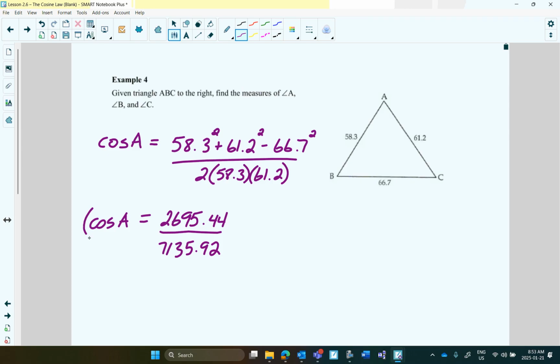And then to get A, do cos inverse of each side. And for A, you will get approximately 67.8 degrees. So we got one.